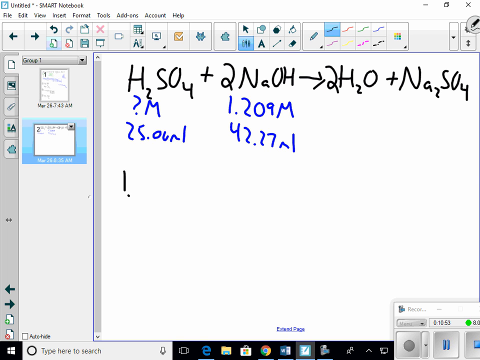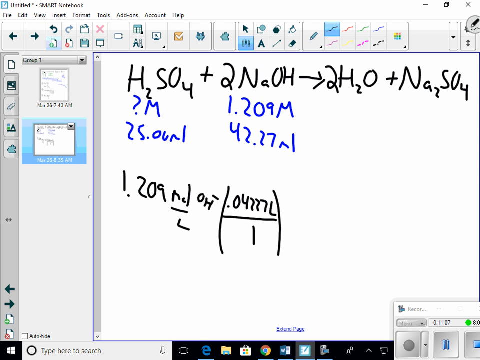So I'm going to take 1.209, again, moles per liter of the NaOH, and multiply that by the volume, 0.04227 liters. Again, hopefully you're aware that all I did to go from milliliters to liters was divide by 1,000. We need to be past that conversion.